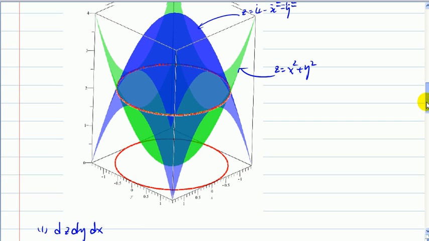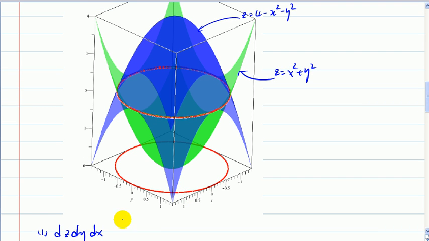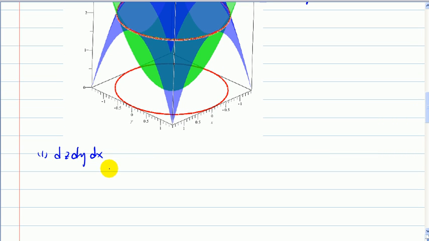In that case, if you remember, you draw arrow lines in the z-axis direction first in the Cartesian coordinates. The first contact and second contact give you z min and z max. So dz, dy, dx. Z min here is x squared plus y squared, the first contact, and the second contact is this.